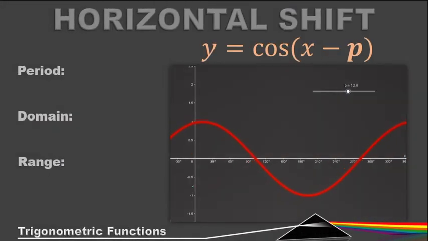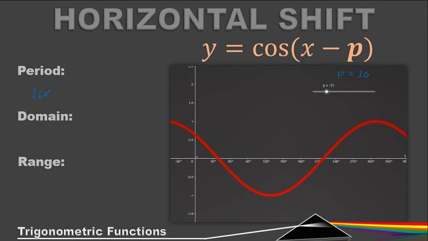And now to look at the shift for the cosine graph. So let's say we move our p-value 30 units to the right. Our period, once again, is still 360 degrees. The domain is now the one that's going to be affected.